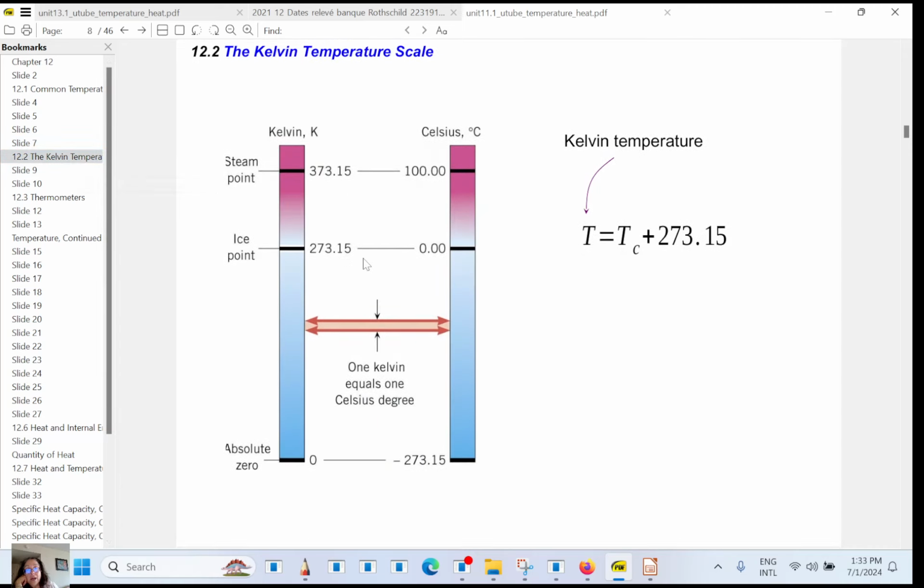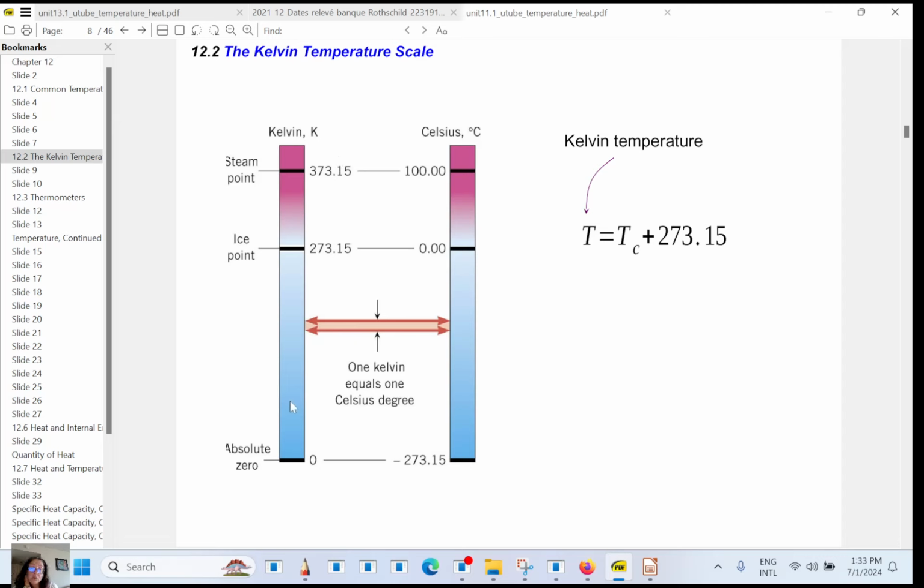Okay, so then we have the Kelvin temperature scale. So that was developed in the 19th century by William Thomson, who was Lord Kelvin. So that was when thermodynamics was developed with the thermodynamics law, the industrial revolution.